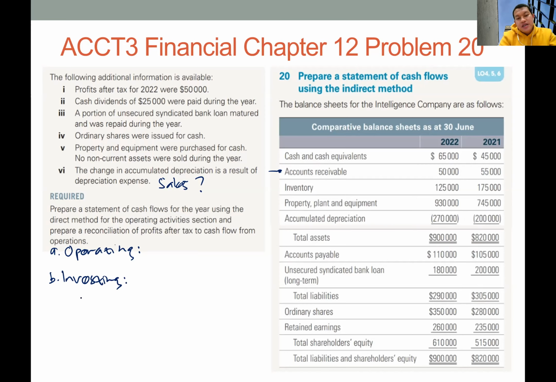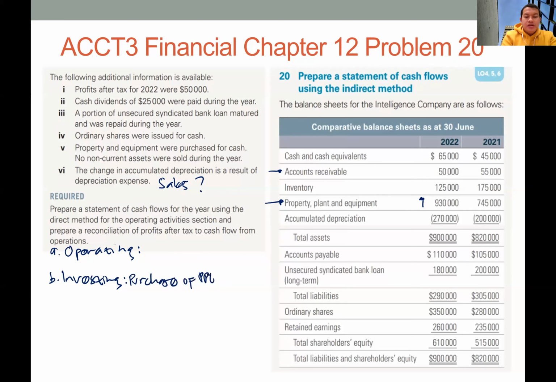Okay, for the investing section, we just simply look at the PPEs account, so property, plant, and equipment. You can see that there's an increasing balance of PPE around 185,000. Okay, from these two. So we assume that the company used their cash to purchase more PPE.